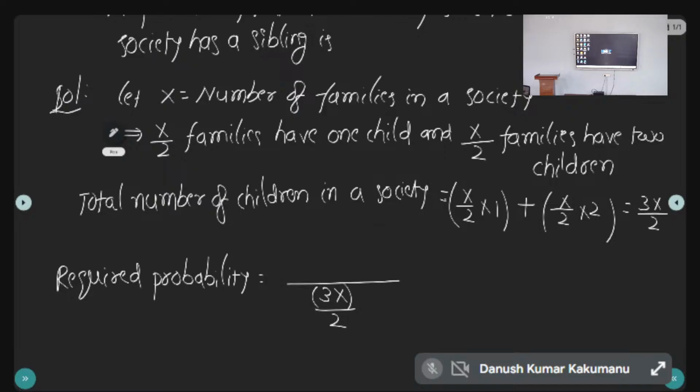Numerator: the selected child has a sibling, which means that child must belong to the two-children category. In the two-children category, how many children are there? x by 2 into 2. Actually, the 2 will be cancelled, just for clarity. This goes to the numerator. 2 by 3 is the answer. This is one previous GATE question. Logically, you have to think like this.